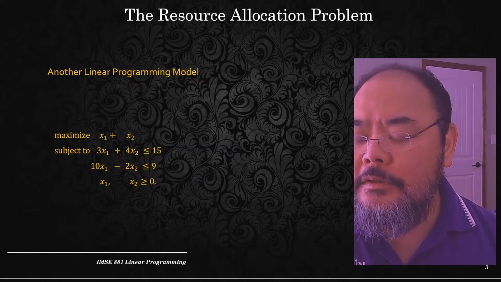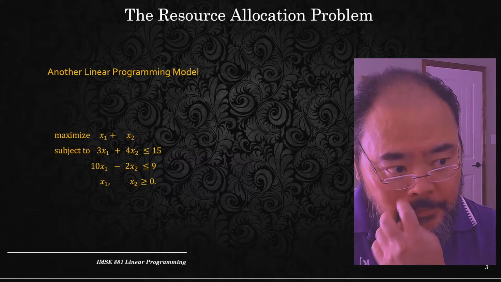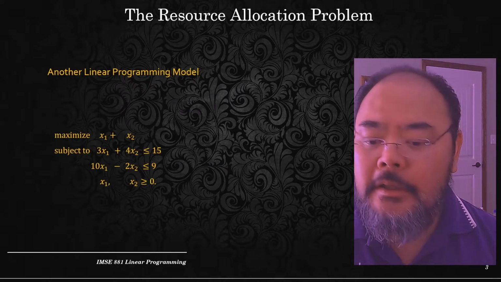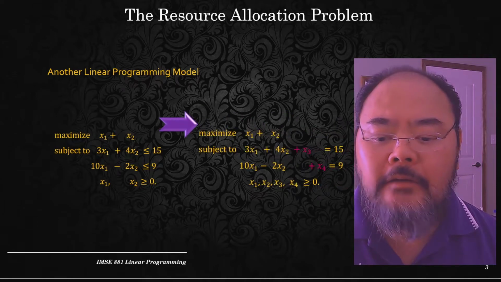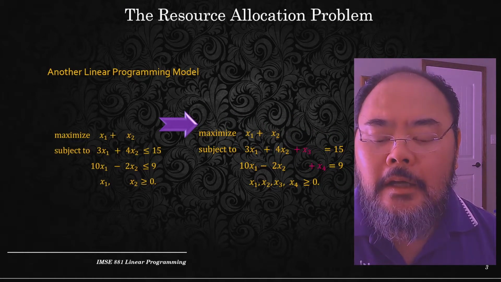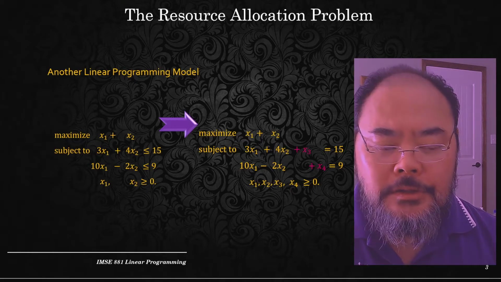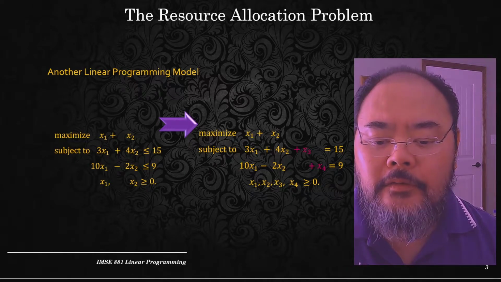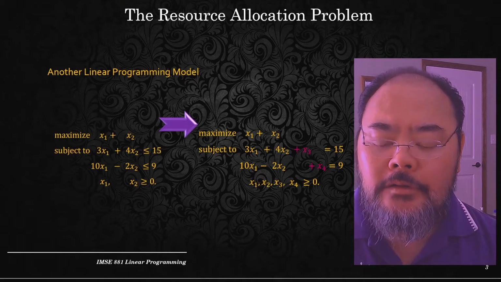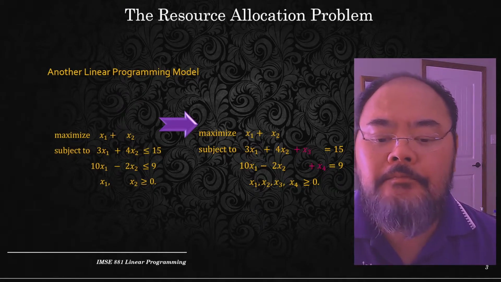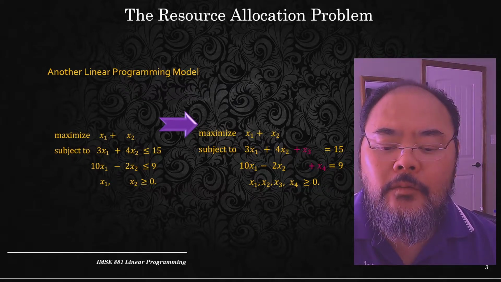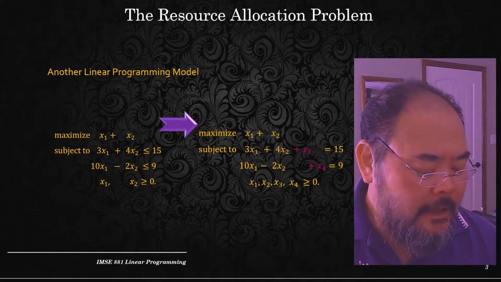For this type of problem, we're going to convert it into a standard form of linear programming by adding slack variables x3 and x4, and using them as an initial basic variable solution. So initially x1 and x2 are equal to 0, and x3 equals 15, and x4 equals 9 in that case.